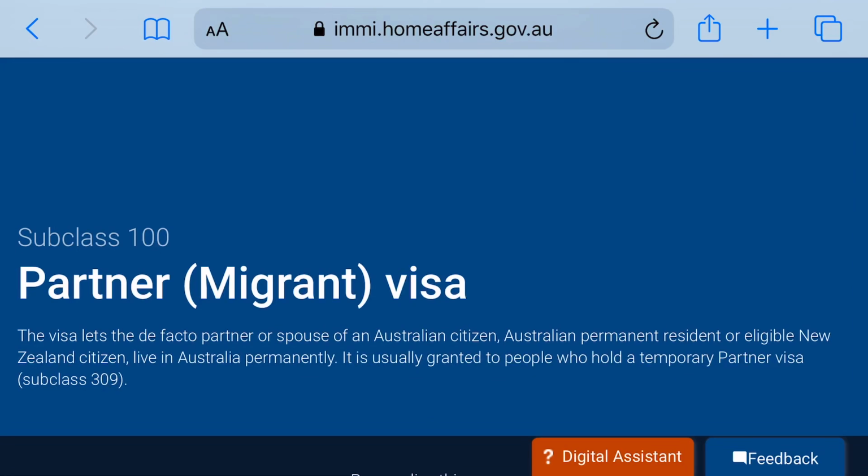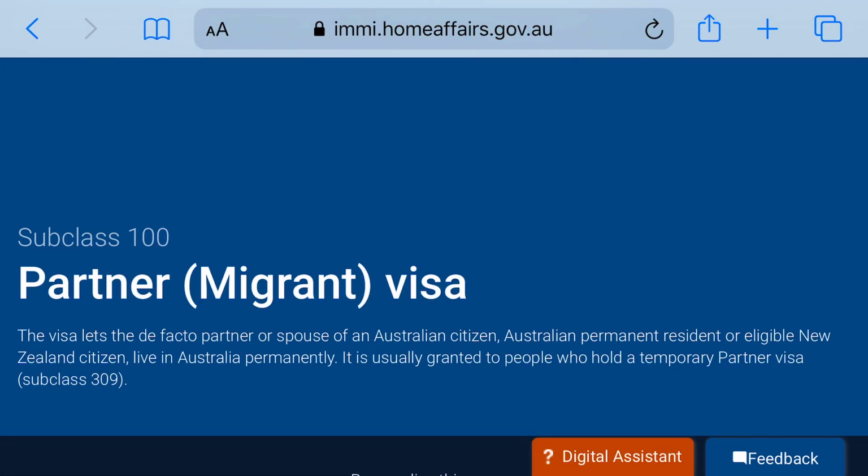First is subclass 309, where your partner gets a temporary grant to come and stay in Australia and build a life. Then after, I don't remember the exact number of years, maybe 2 years or thereabouts, you have to file this visa. Then they check that if things are fine and your relationship is going long term, they grant the permanent visa. This is what we are going to go through in this video.